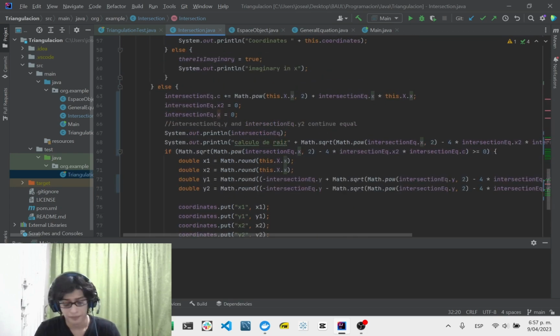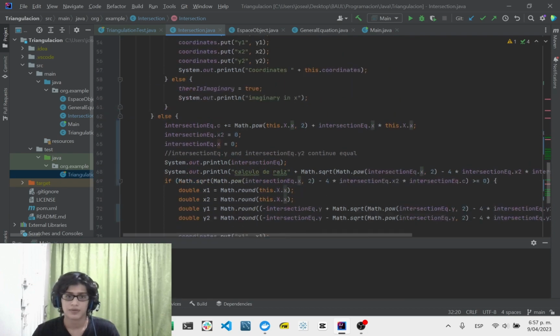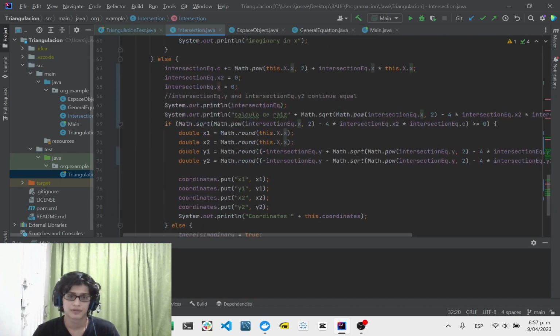Use the quadratic formula, and with that we are going to get the x and y. I use the quadratic formula here, and I only replace ed with the ed that I have.